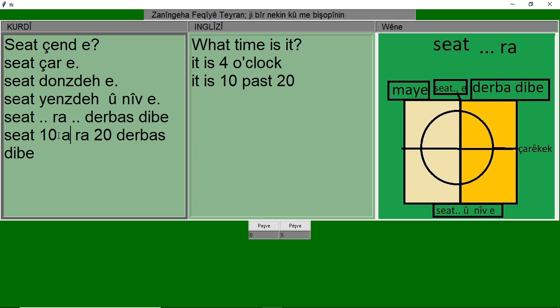So deh is a consonant, because it ends with h. That's why it is a. And dehara, beast, derbas debe. Beast, you can even say deqe, deh deqe, derbas debe. Beast deqe, derbas debe. This means minutes.